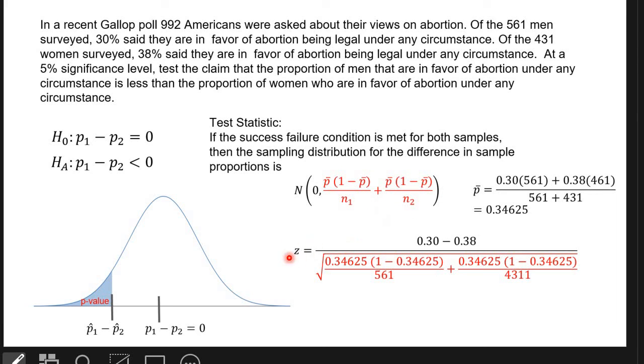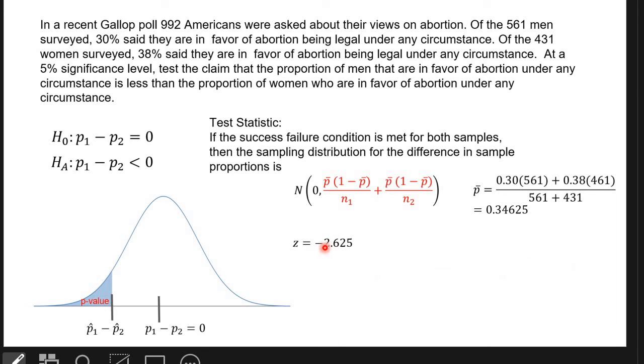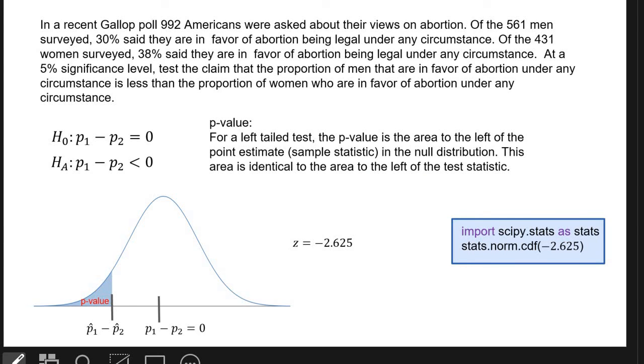So this will give me my z-score, the value minus the mean, which is 0, divided by the standard error. So that z-score is negative 2.625 when you calculate it. And that is my test statistic.